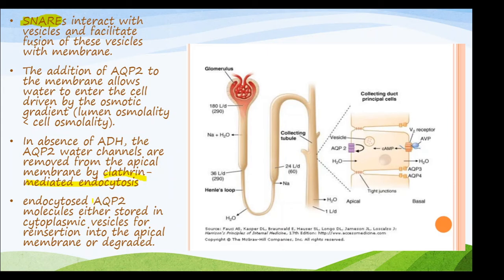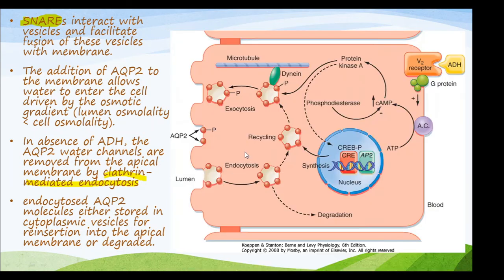The endocytosed AQP2 is either stored in cytoplasmic vesicles for reinsertion, or it is degraded. This is the process of exocytosis.